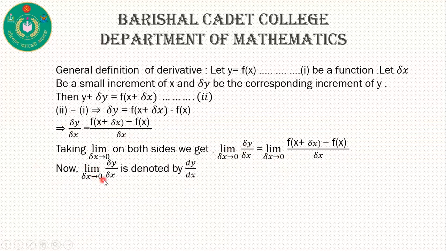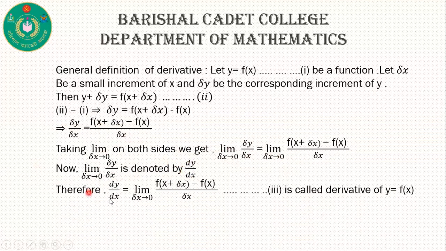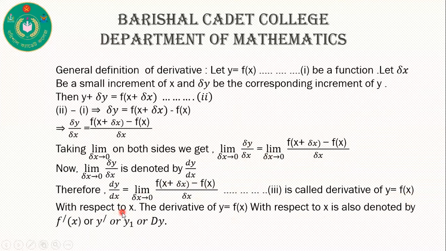Now limit del x tends to 0 del y by del x is denoted by dy by dx. Therefore, dy by dx is equal to limit del x tends to 0 f of x plus del x minus f of x by del x. This is number 3, called the derivative of y equal to f of x with respect to x. This is our main formula of derivative from first principle.